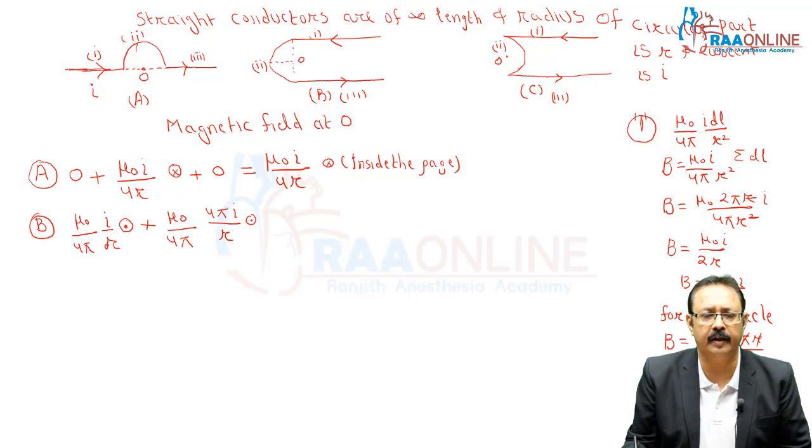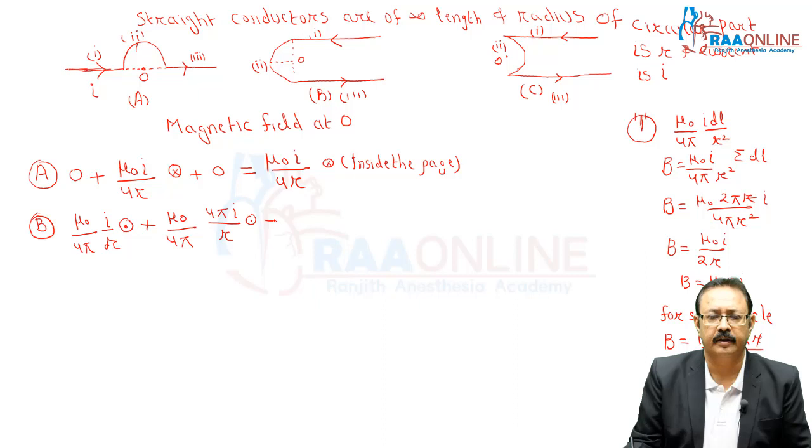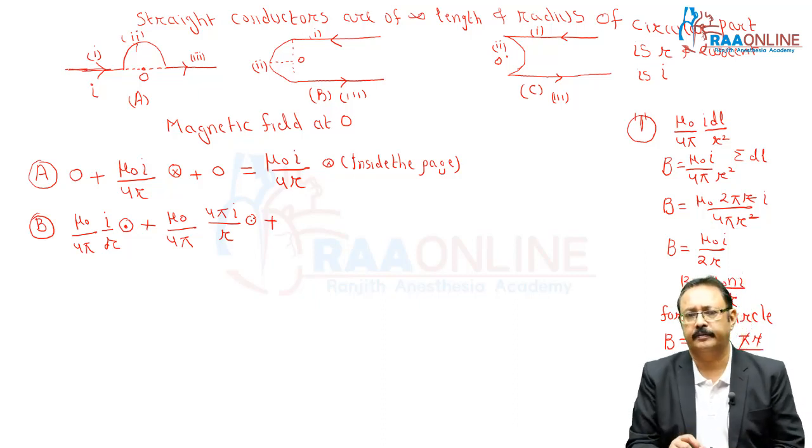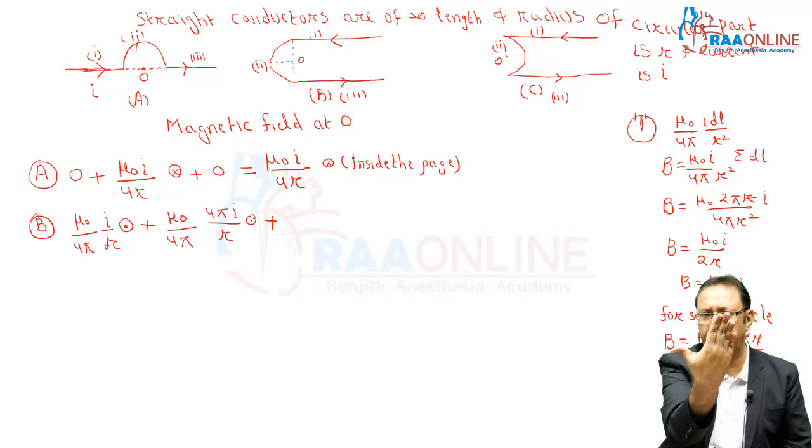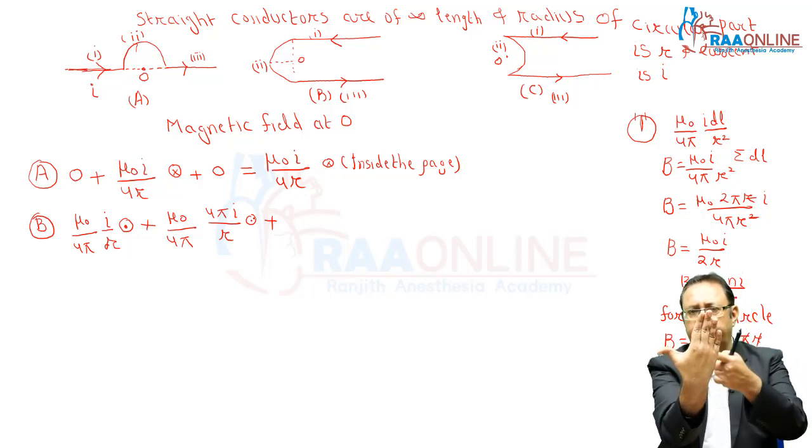Again the direction is outside the page. For the third, current is going this way. If I put this, again the magnetic field is coming outside.